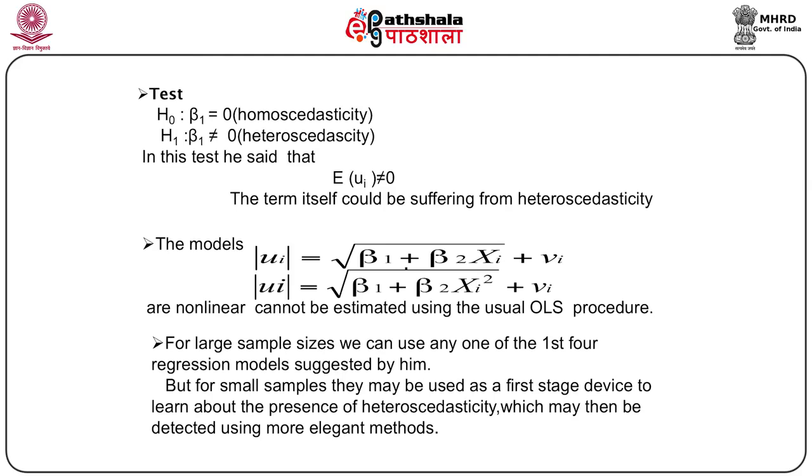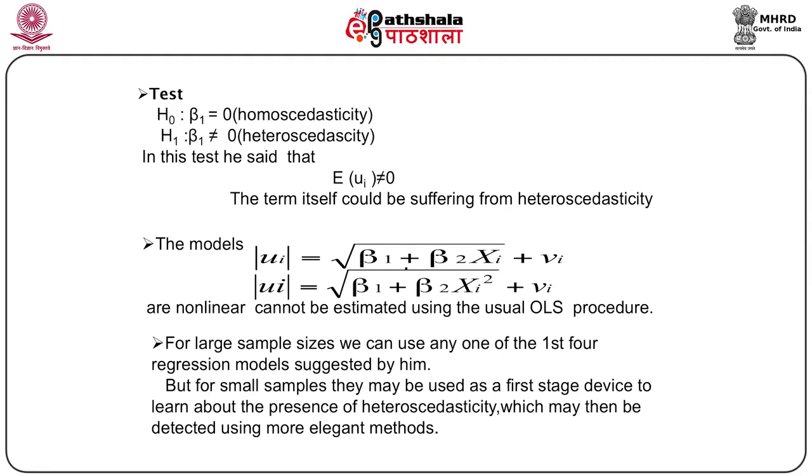An additional problem of the Glejser test is that the last two models, modulus of ui equals the square root of beta 1 plus beta 2 xi plus vi, and modulus of ui equals the square root of beta 1 plus beta 2 xi squared plus vi, are nonlinear and hence cannot be estimated using the usual ordinary least squares procedure. Glejser noticed that in case of large sample sizes, we can use any one of the first four regression models suggested by him.